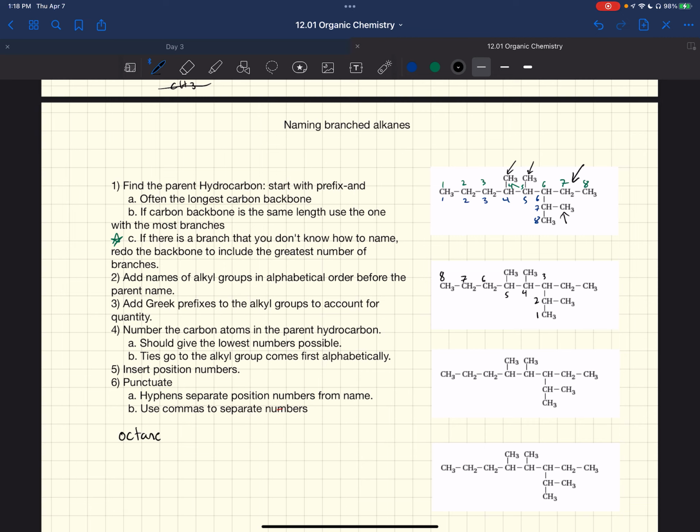So these branches are just carbons with hydrogens attached. So we call these alkyl groups. Alkyl groups are just carbon, hydrogen with single bonds.